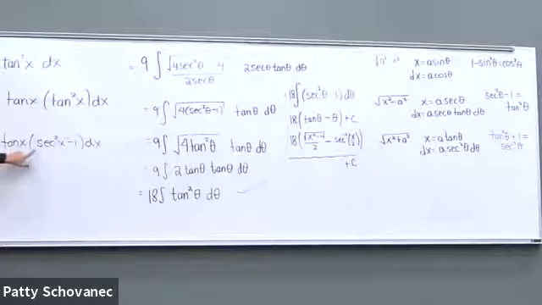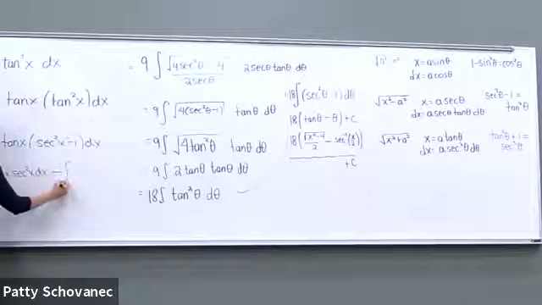But now I've got to break this up into two integrals, this one and that one. Tangent times the minus 1 is going to give me a tangent in here.